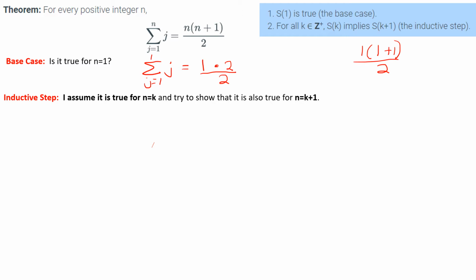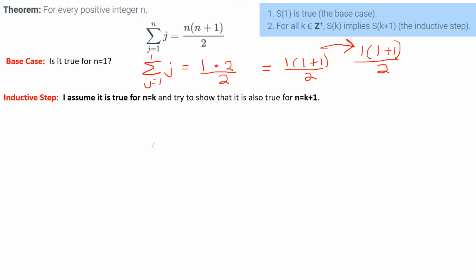I want to write it like that, because then I can say, well, that's equal to 1 times 1 plus 1, because 1 plus 1 is a 2, over 2. So that's what we were trying to prove, right? We were trying to prove that it's equal to that, and we did here.